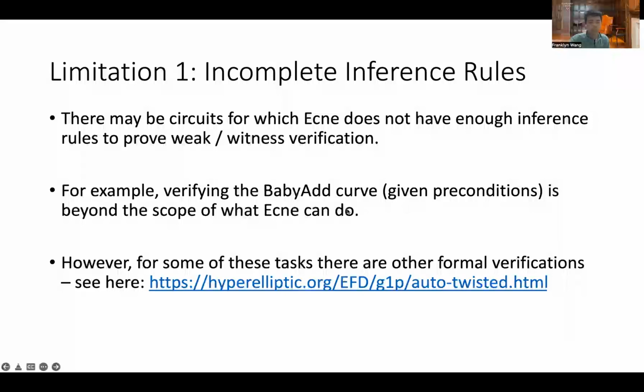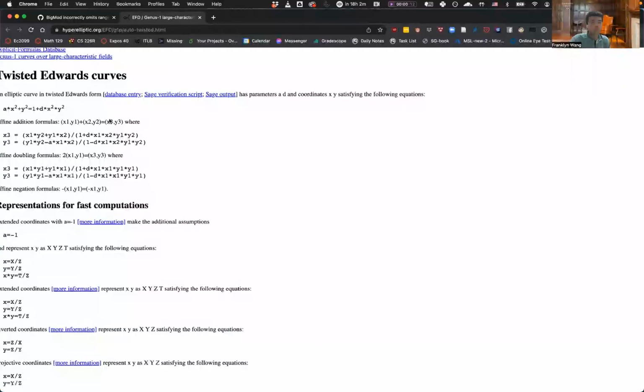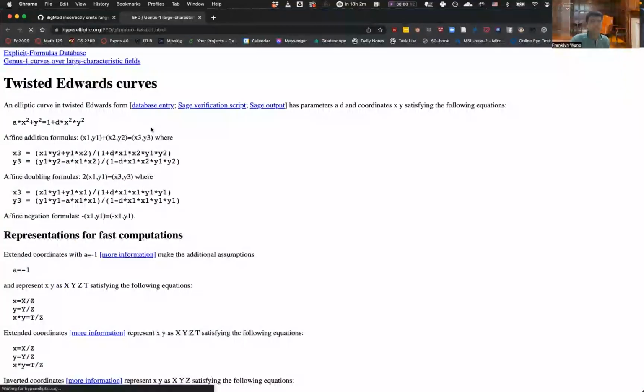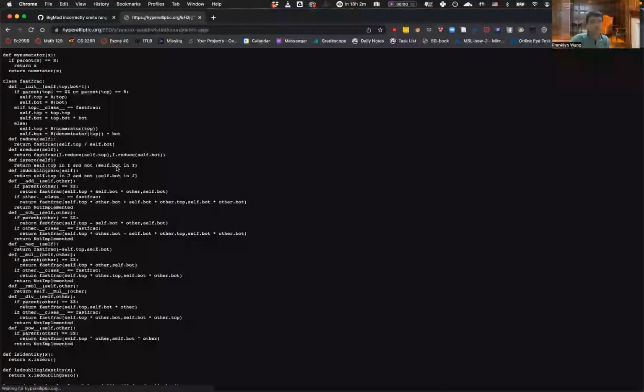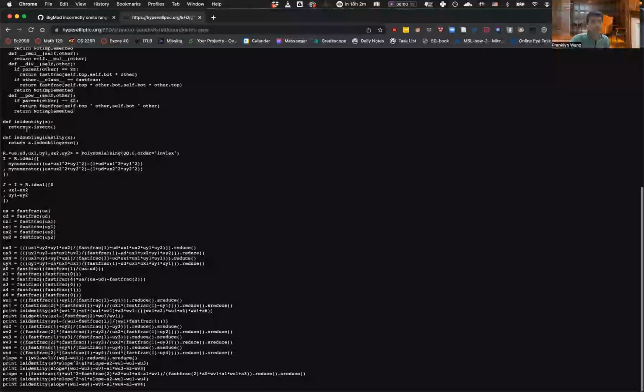For this particular task, there actually are other formal verifications. This is a website, hyperelliptic.org, and it gives you explicit formulas, and it has a verification script written in Sage that shows that these divisions by zero don't happen.